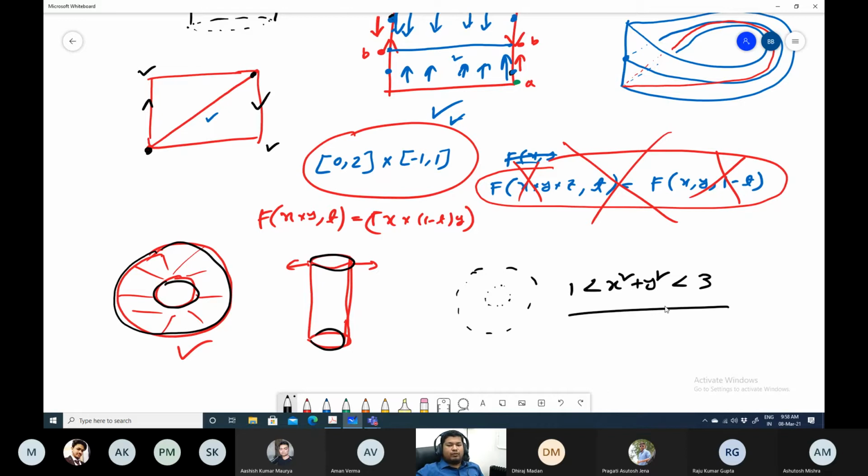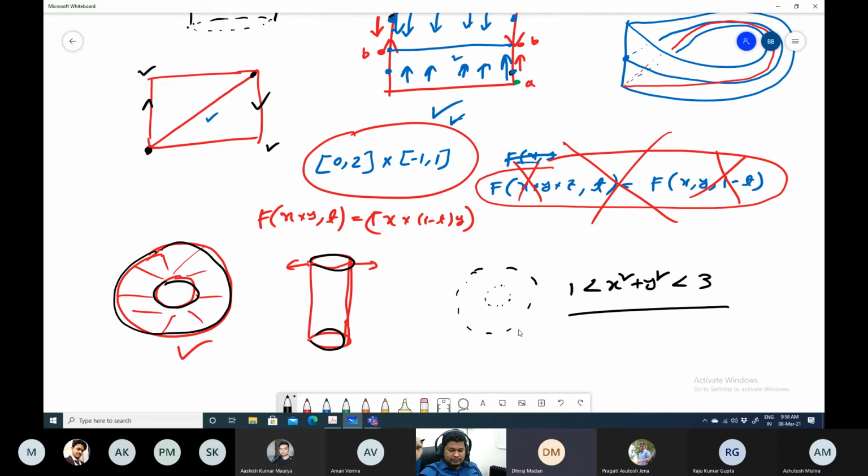Now, that open annulus, it will deformation retract to which topological space? S1. S1 again. Now can you give me at which circle it will deformation retract?